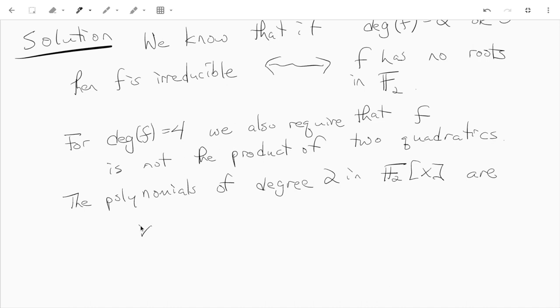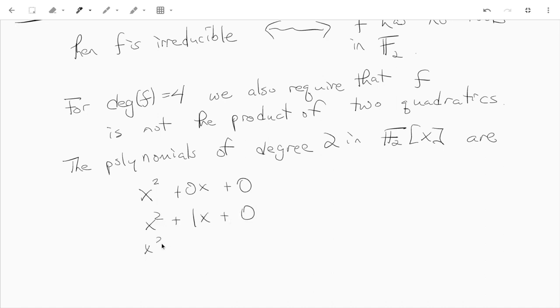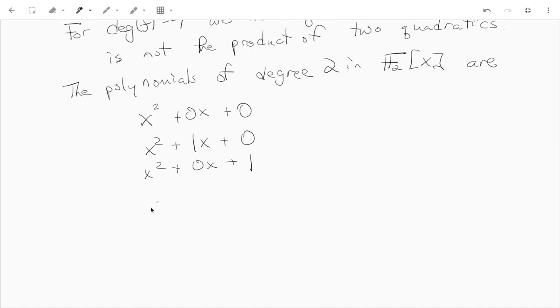So we have x squared, that's what makes it degree 2. And then plus 0x plus 0. We have x squared plus 1x plus 0. We have x squared plus 0x plus 1. And we have x squared plus 1 times x plus 1.